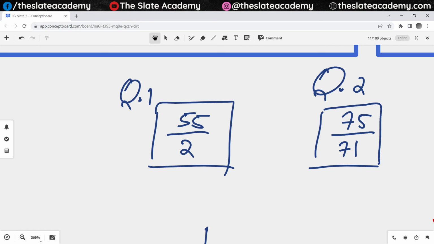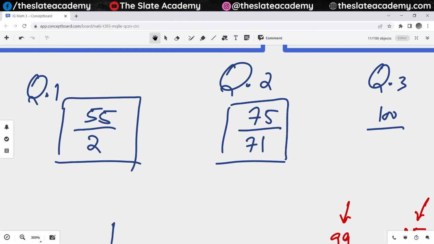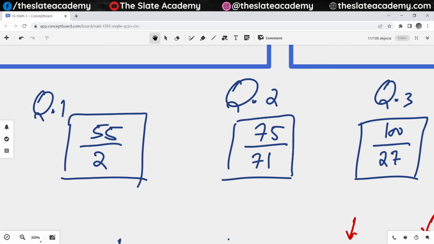And question number 3. 100 divided by 27. Okay, these three questions are your homework. You have to convert these improper fractions into compound fractions. Is it clear now?